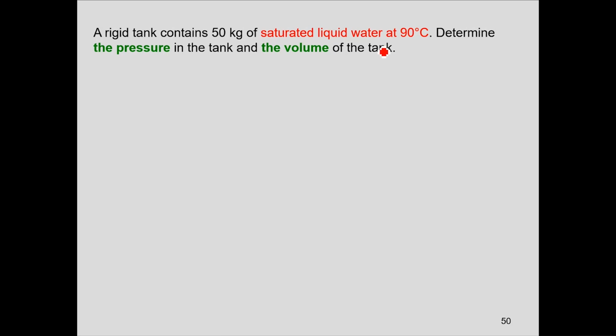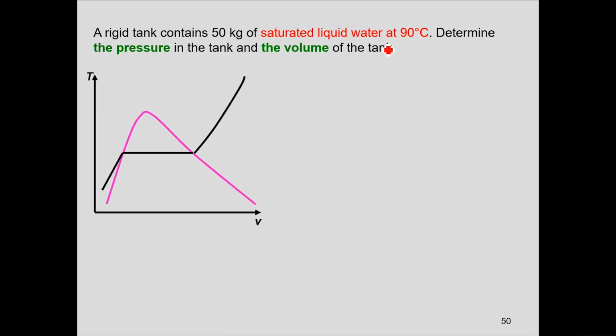A rigid tank contains saturated liquid water at 90 degrees. Determine the pressure and the volume in the tank. So this is the state that you're talking about. You've already seen the example. At this point, your temperature is 90 degrees centigrade and your X value is 0. For solving on EES software, you need to have two unique properties for the state of the system.